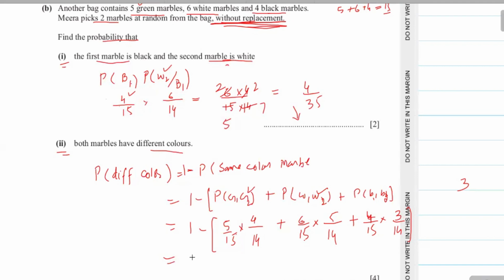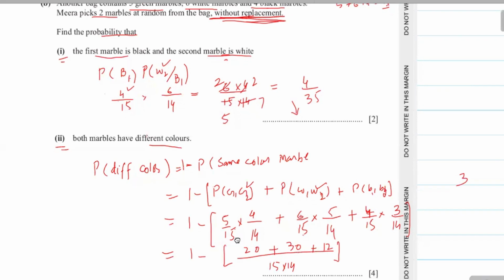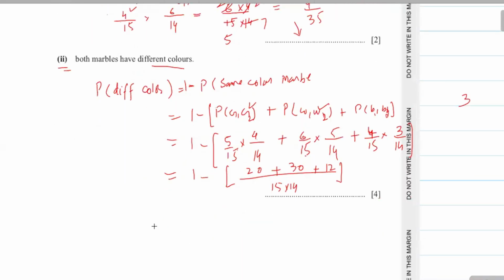And here we can write 1 minus, 15 into 14 is the LCM, and this is 5 times 4 is 20 plus 6 times 5 is 30 plus 4 times 3 is 12, over 15 times 14 is equal to 210.